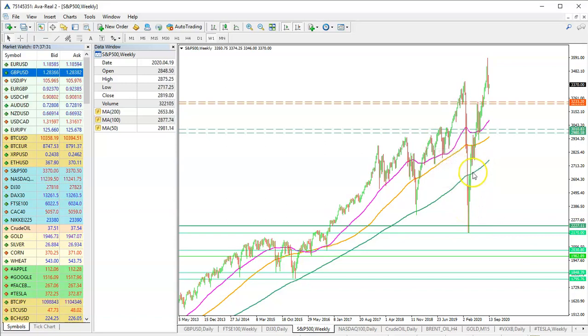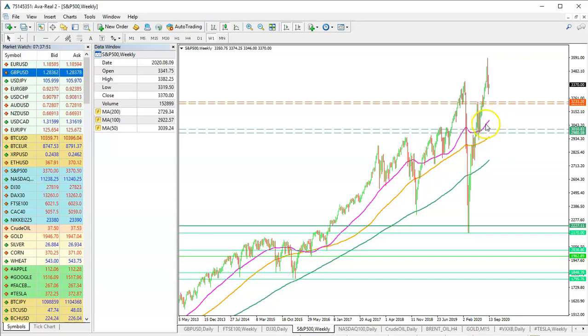But the moment that the price broke back above the 200-week moving average, that was an indication that yes, this bull momentum is about to change its trend and it is going to go into a higher gear, and that is what happened.